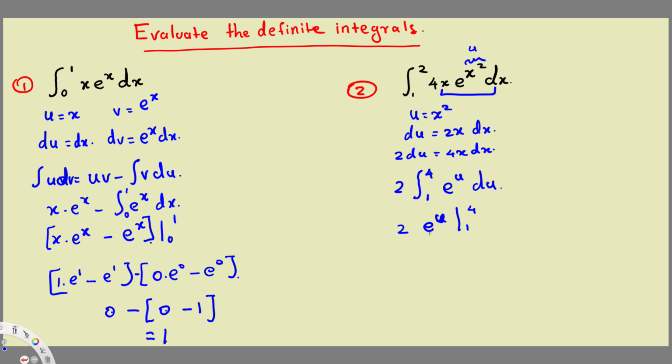So let's substitute the values: 2e^4 minus 2e^1, and that is the final answer. You can write 2e^4 minus 2e, which is the same as this.